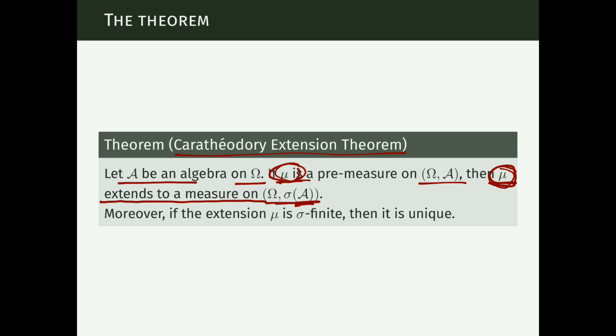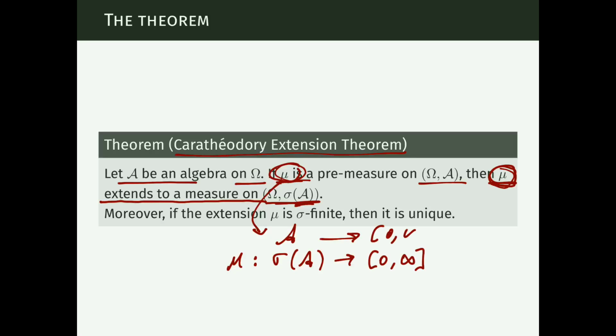This new mu goes from sigma of A to the non-negative extended numbers, whereas the original mu was going only from A to the set of non-negative extended numbers.